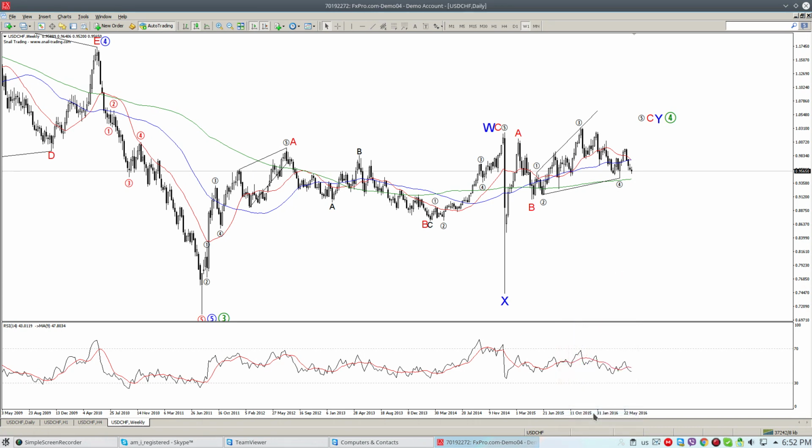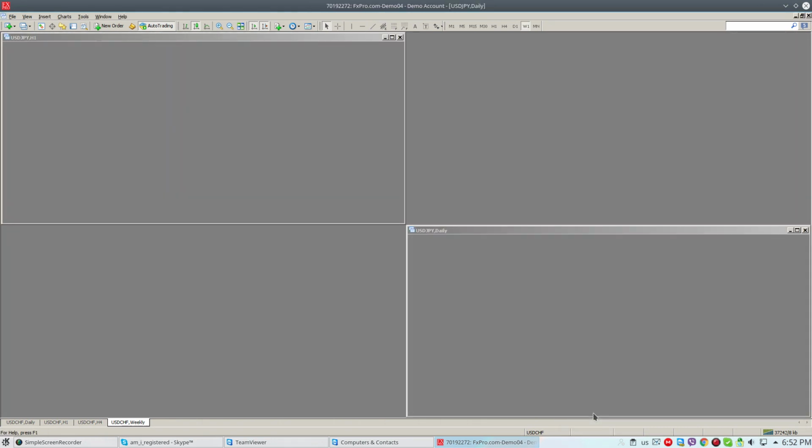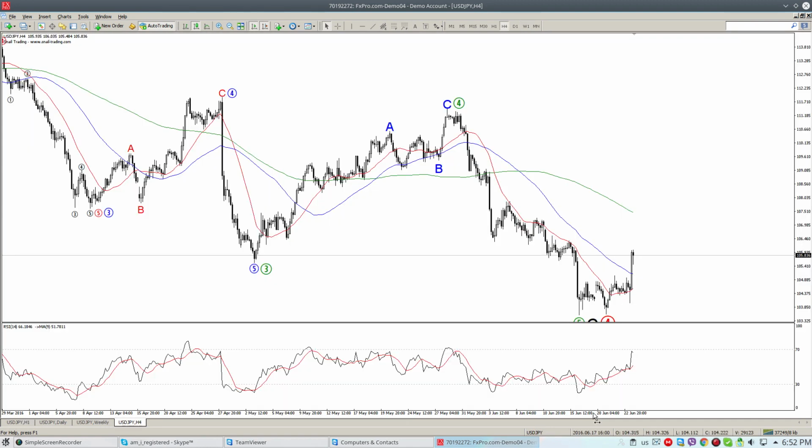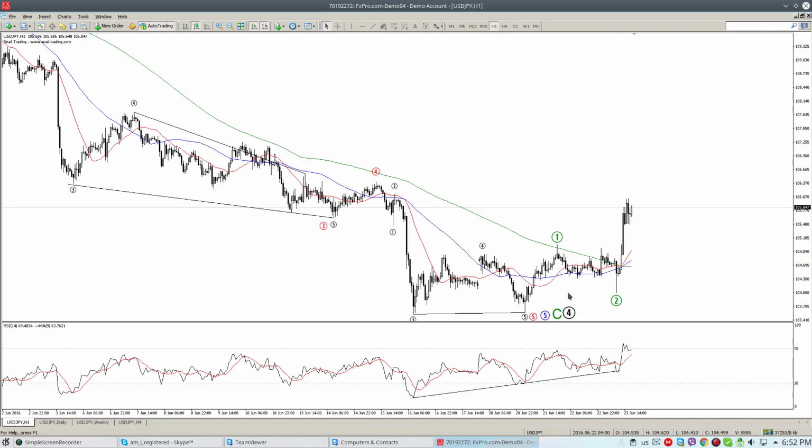Moving on, the Japanese yen, and we'll see here. We can see the rebound that we were expecting, we were talking about. I'm going to the 1-hour chart first of all. I was talking in my yesterday's update actually that this SMA is very important for the continuation of the rebound.